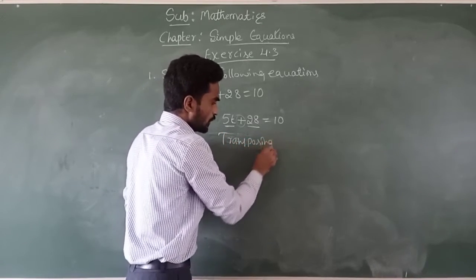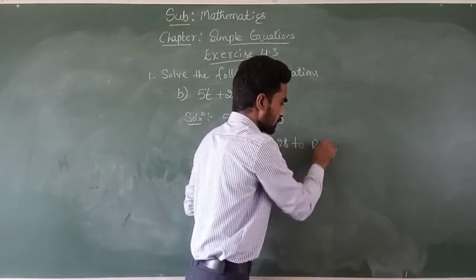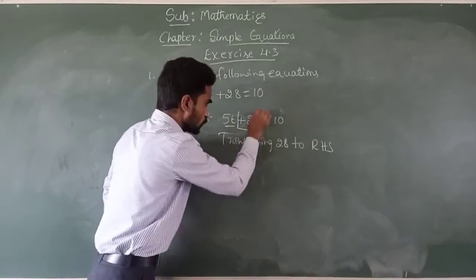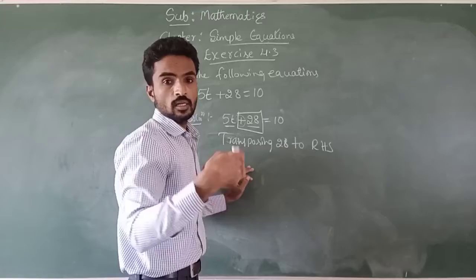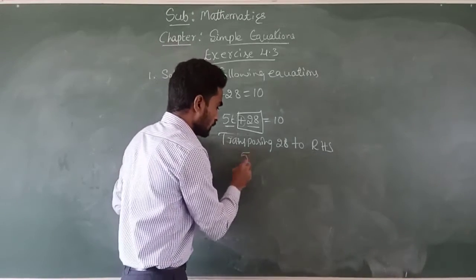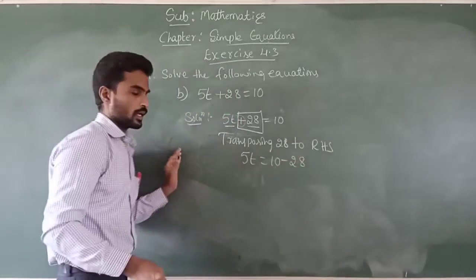Now we can transpose this 28 from the LHS side to the RHS side. Here plus 28 is there, it goes to the RHS side and becomes minus 28. Then 5t is equal to 10 minus 28.